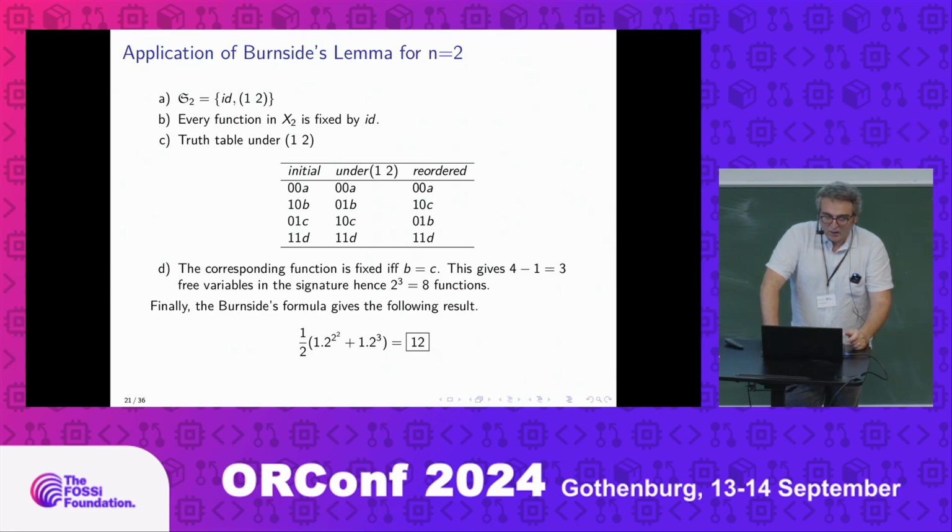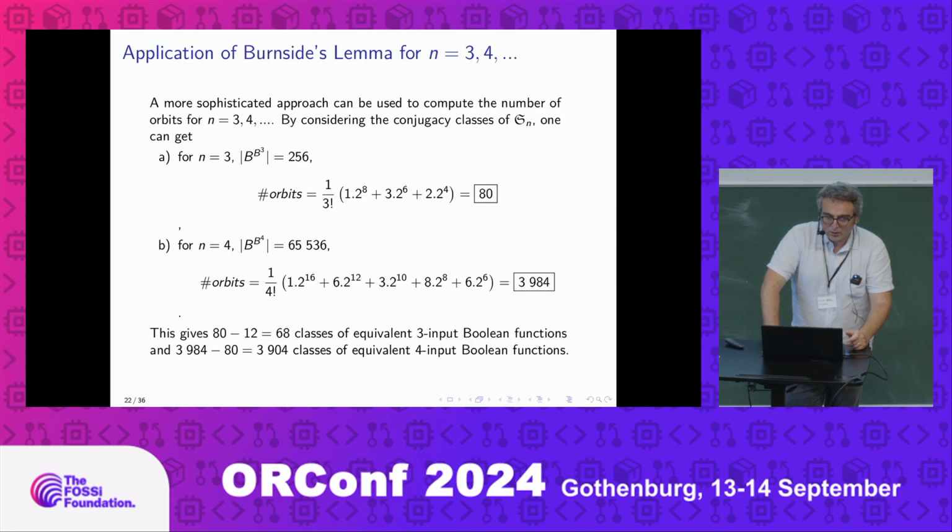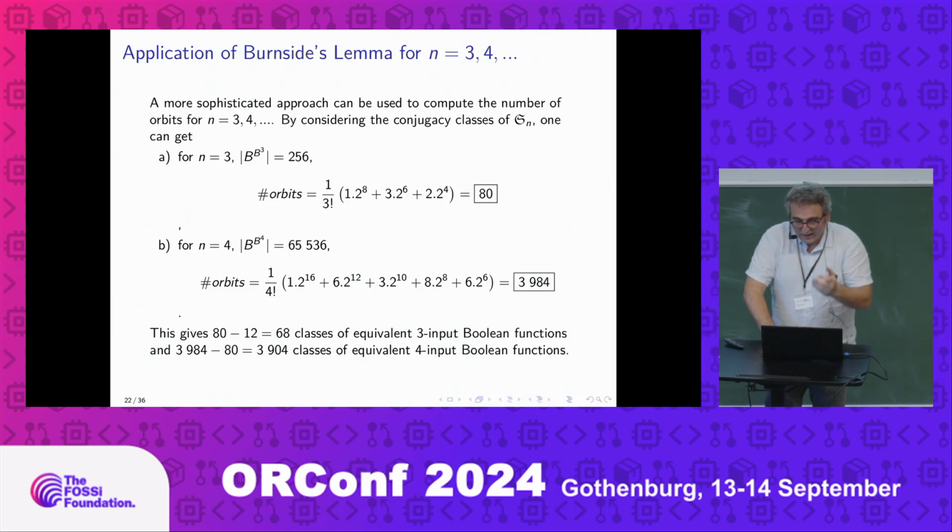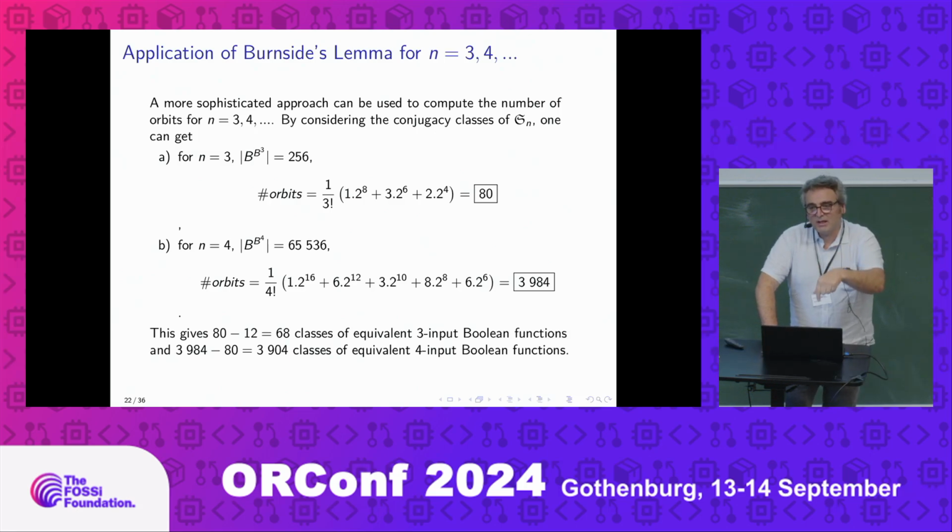Okay. You can also apply it for n equals 3 or 4, and you get those formulas. For n equals 3, basically you have 256 functions in the set, and you get 80 equivalence classes. So you have only 80 functions to design, and among them, you have those that are not exactly 3 inputs.